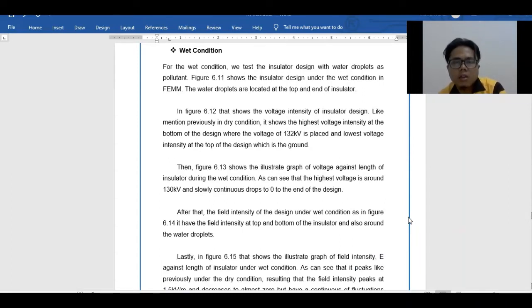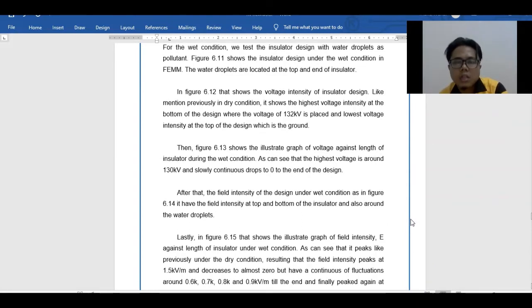Next is the graph of voltage against length of the insulator during the wet condition. In figure 6.13 we can see that the highest voltage is around 130 kV and slowly continues to drop to zero at the end, still the same as the previous dry condition. After that, figure 6.14 shows the field intensity of the design under the wet condition, at the bottom end of the insulator and around the water droplet, which gives the same result as the dry condition.